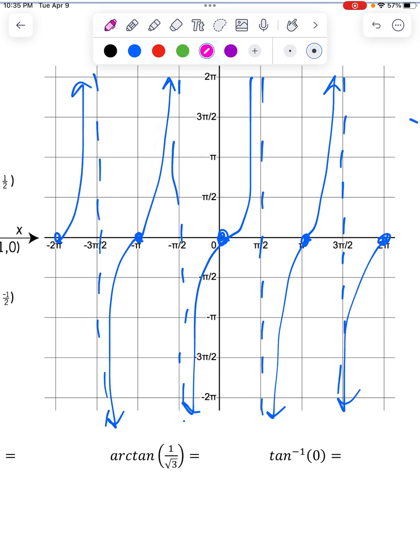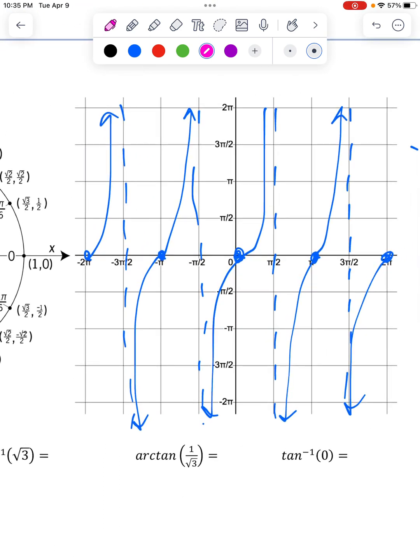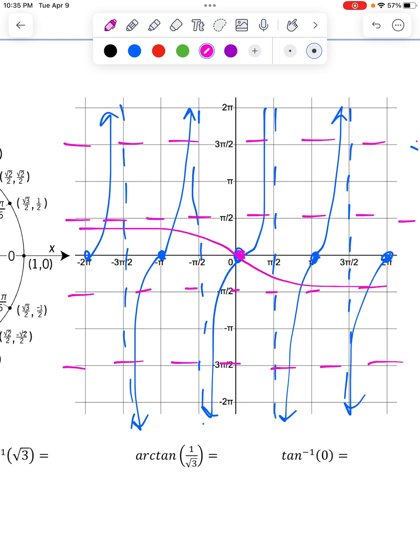Now this one gets a little bit messy when you graph the inverse, but wherever I had vertical asymptotes, I'm just going to have horizontal asymptotes when I flip-flop them. So I'll have my asymptotes at pi over 2, 3 pi over 2, negative pi over 2, and negative 3 pi over 2. And now my graph will look like this.